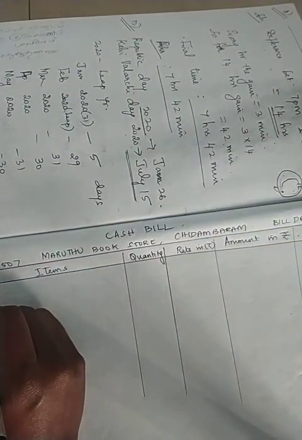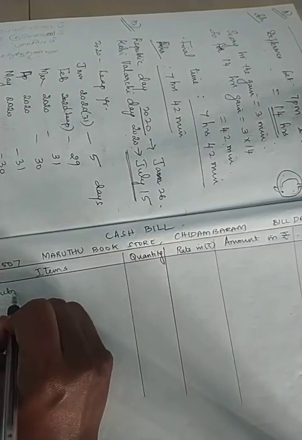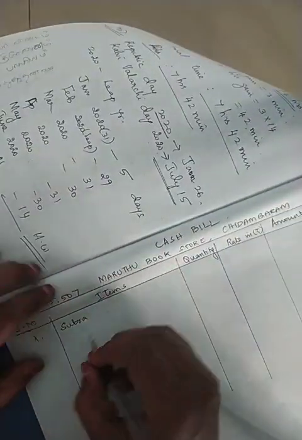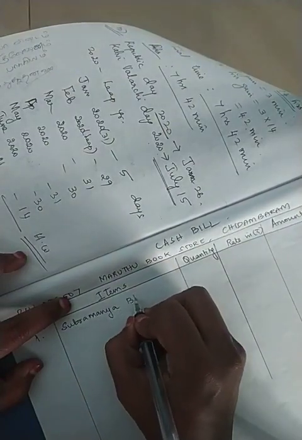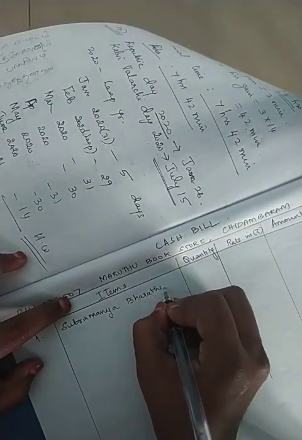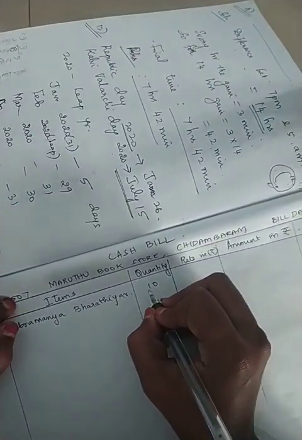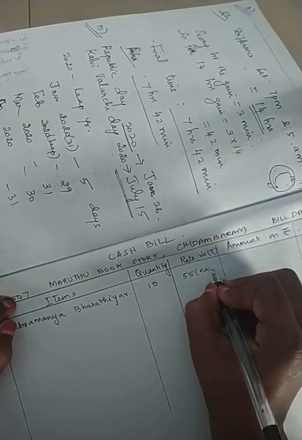Now, what is the first one they are saying? 10 copies of Subramania Bharatiyar. So quantity is 10 and each is at rupees 55. In the bracket you can write each.